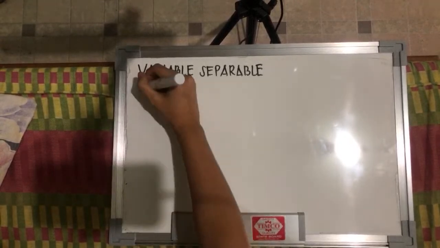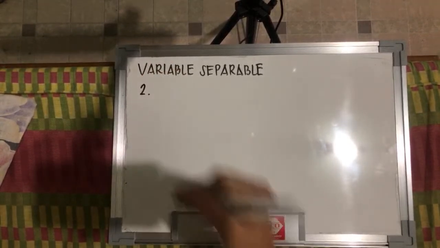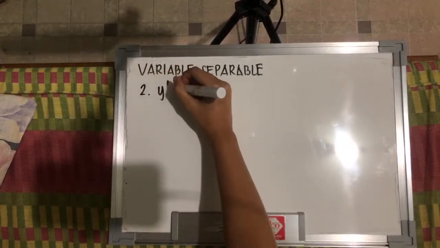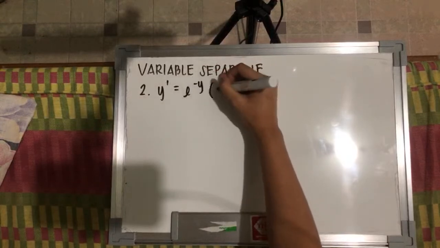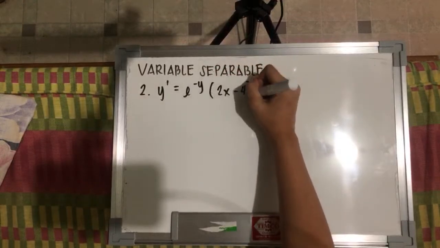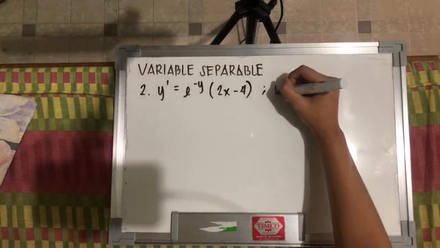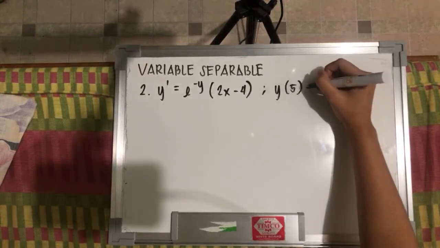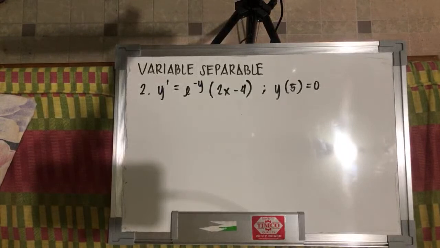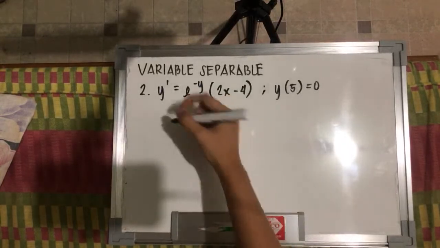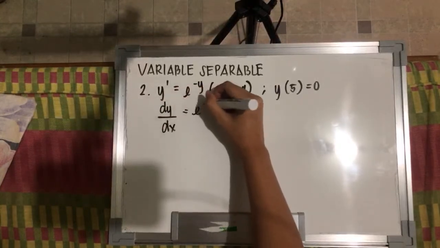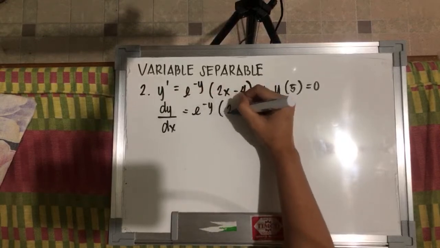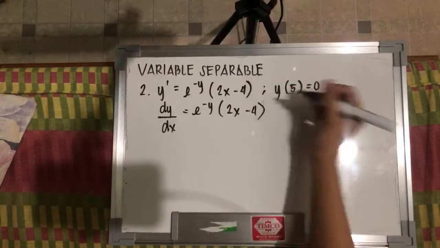Second example, y prime is equal to e raised to negative y times 2x minus 4. So, simplify ko lang to. Dy over dx is equal to e raised to negative y times 2x minus 4.